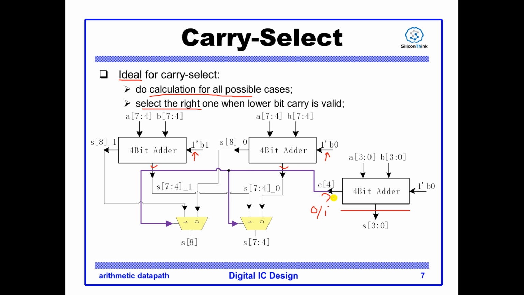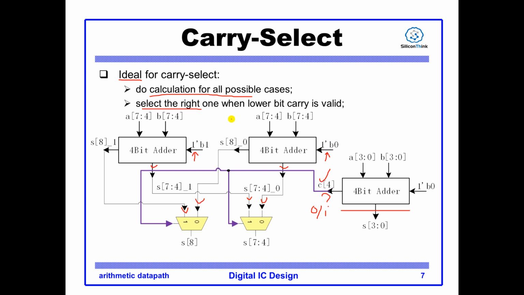And finally, when the value at this point is valid, it will propagate to the select pin of the mux, and the mux will select the right value from the two guessed adders. This value is guessed, this value is guessed. The carry out is also guessed. Then we'll choose the right one.